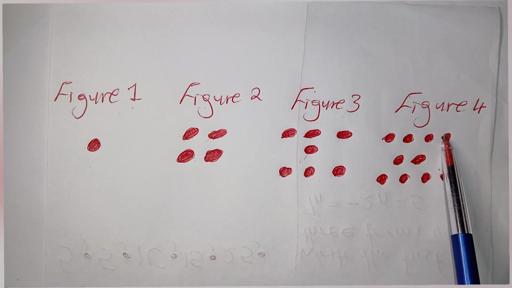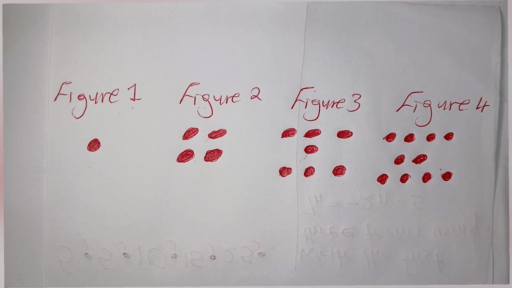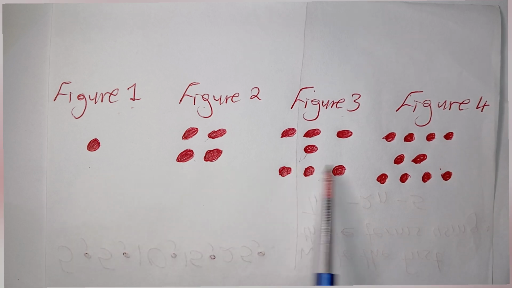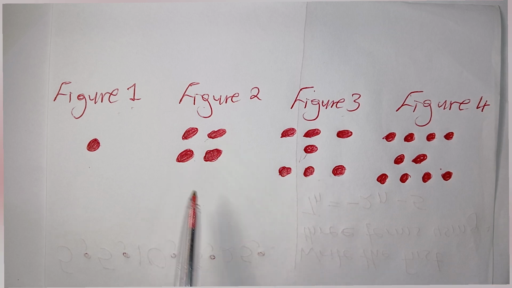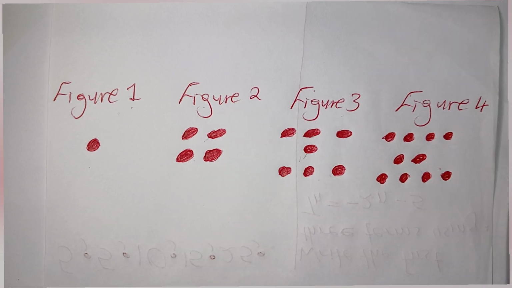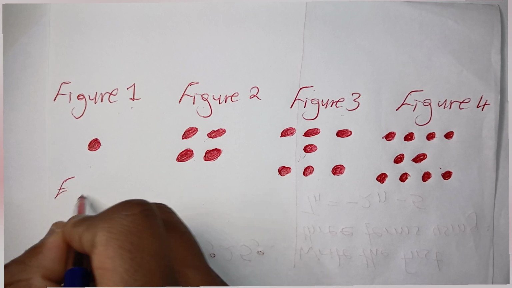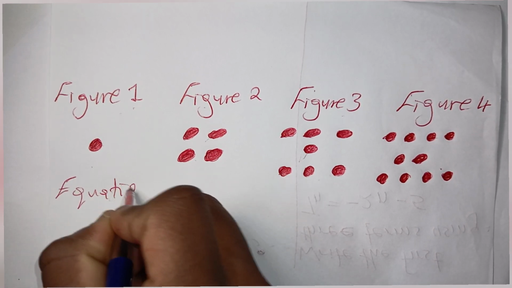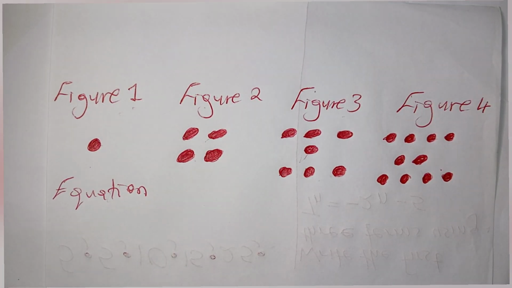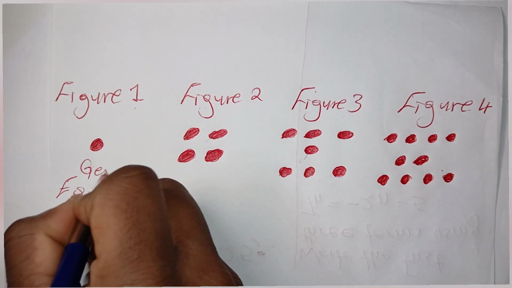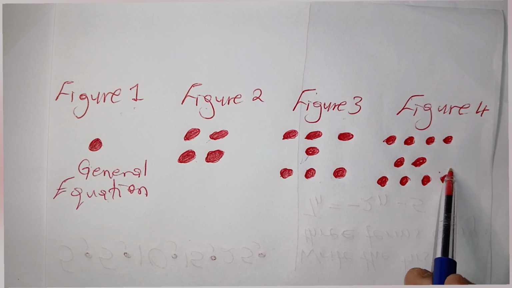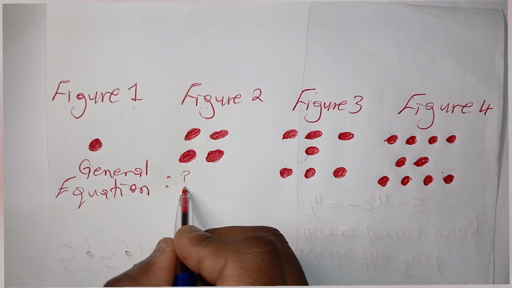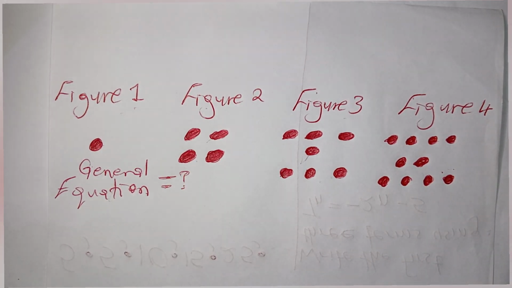The question can come in such a way that they say formulate the equation of getting the dot in each figure. Or it can say determine the general equation of this thing.